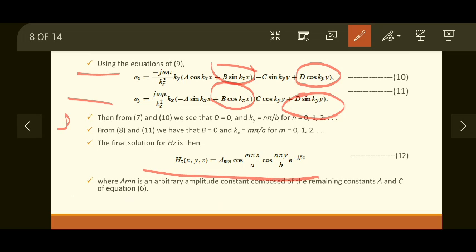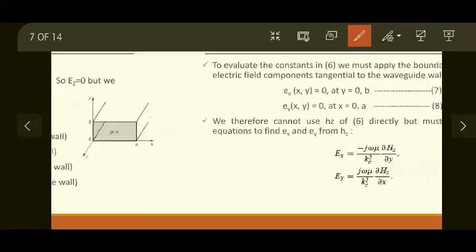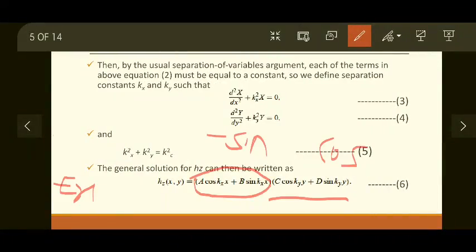Amn cos of m pi x by a into cos of n pi y by b into e raised to minus j beta z. Amn is a combination of the amplitude constants a and c. Cos m pi x by a is found from the original equation.